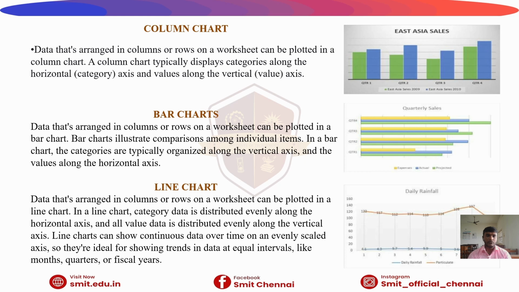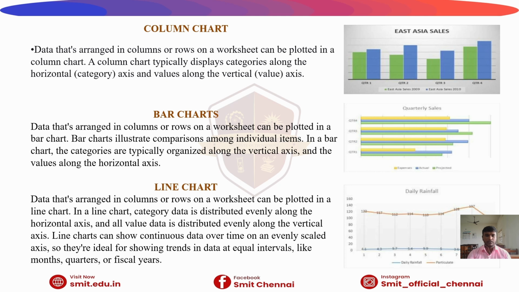Where it can be used: you want to show comparisons between items or show changes over time with time on the horizontal axis. Example, comparing sales across different regions or months. The example shown in the chart is East Asia sales, with the different regions and months.